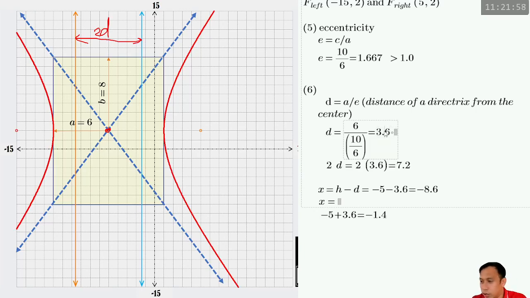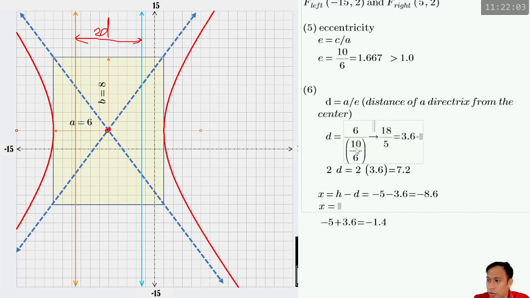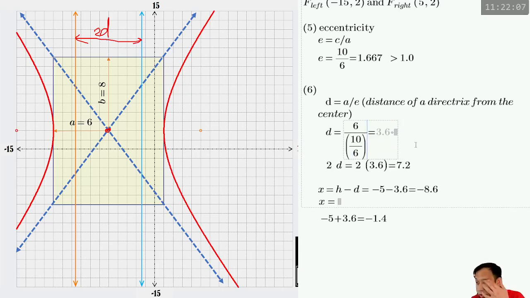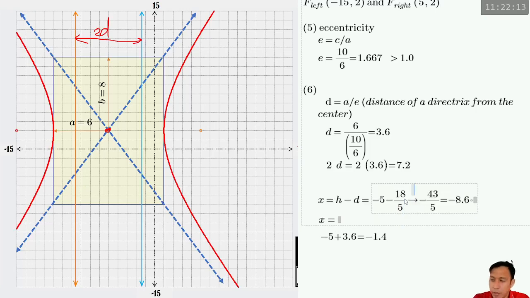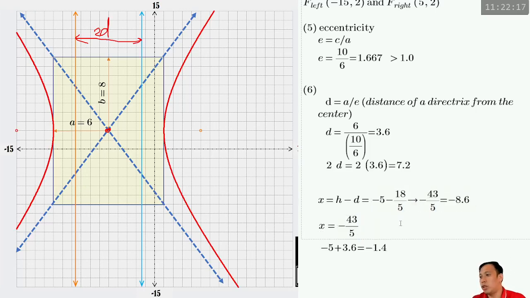If fraction natin to, 18 over 5. So, negative 5 minus 18 over 5 is negative 43 over 5. So, ito sana yung equation, no? X is equal to negative 43 over 5 or 5x equal to negative 43.